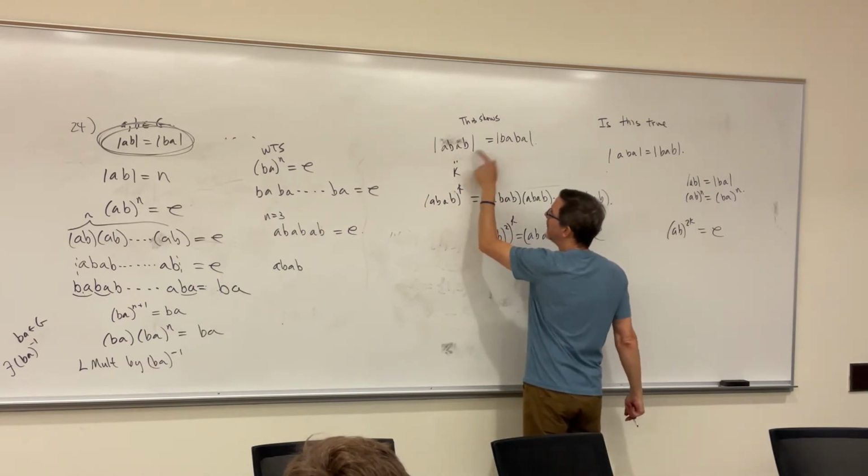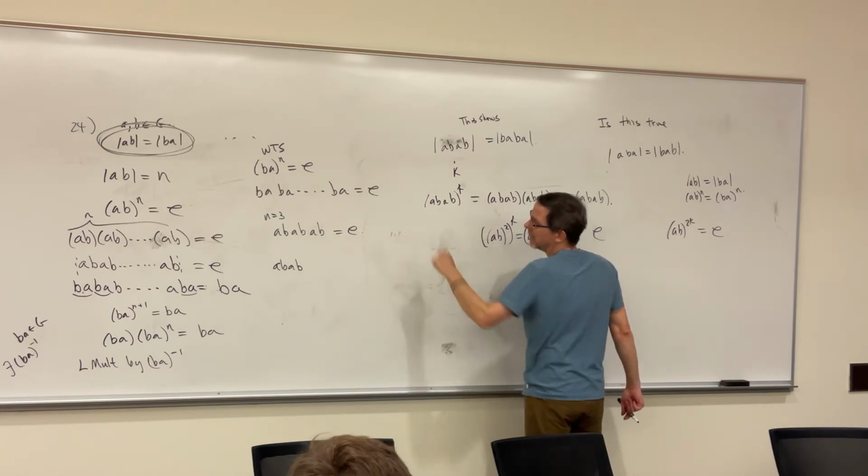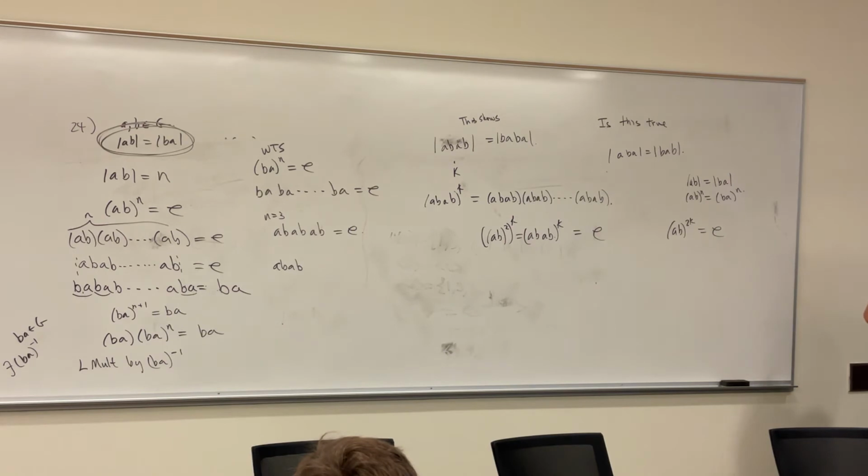You just need half as many to get the nth power of AB or BA. So this is what we.